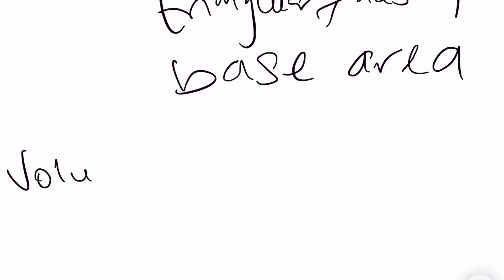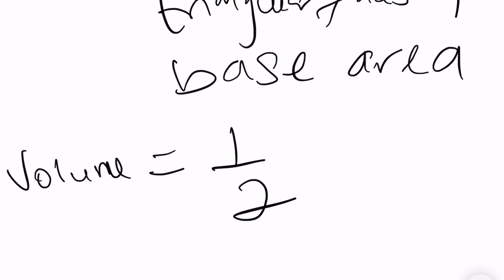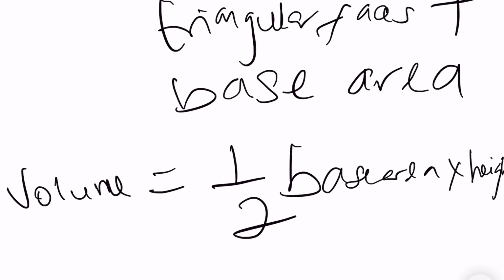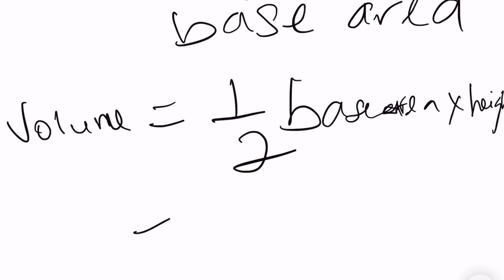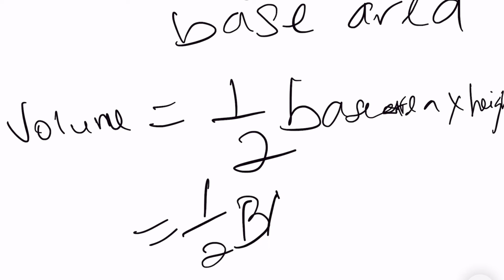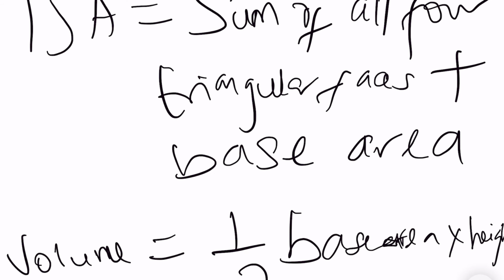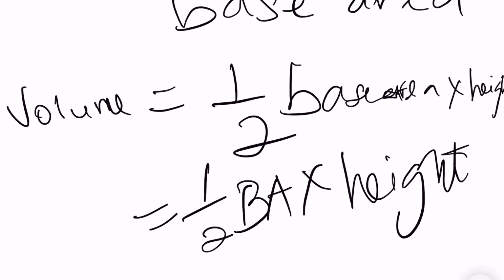And we have the volume to be half base area times height, which is half BA times height. So for the rectangular pyramid, the total surface area is the sum of all four triangular faces plus base area, and the volume is half base area times height.